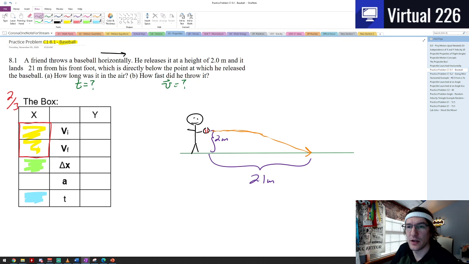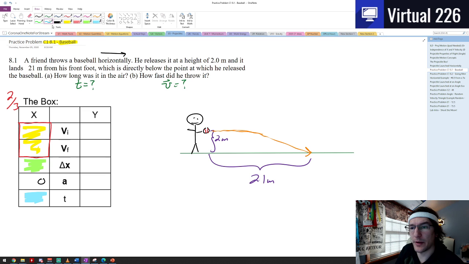Those are our 3 things. Our acceleration is always going to be 0 meters per second squared, because we're never going to have a rocket booster accelerate an object in the x direction. We're just throwing objects and they're just acting in projectile motion. Okay, so these are the 3 things we've got here: velocity, delta x, and time.